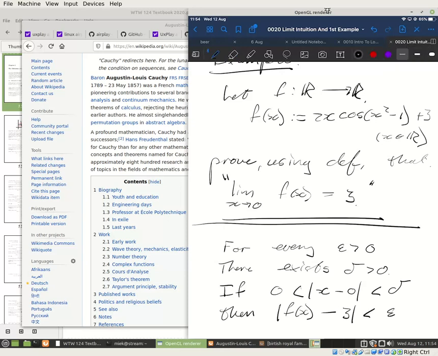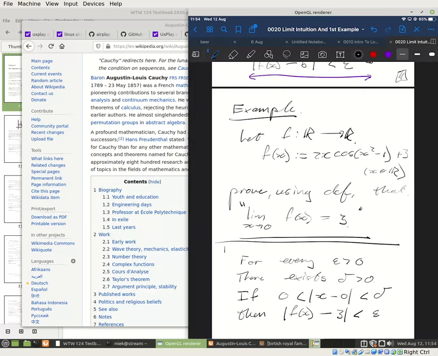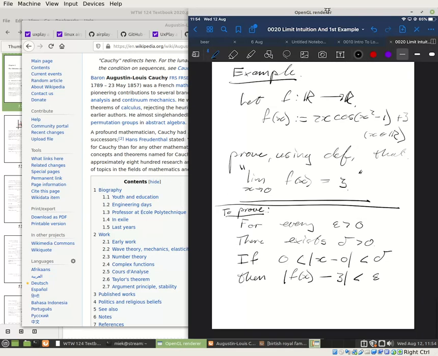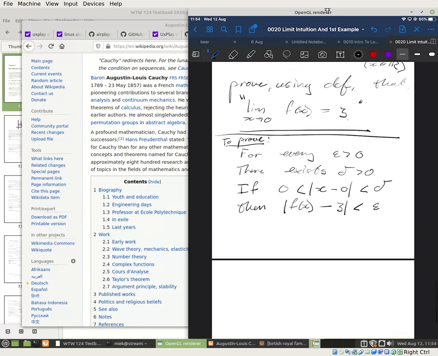This is the statement that we need to prove.